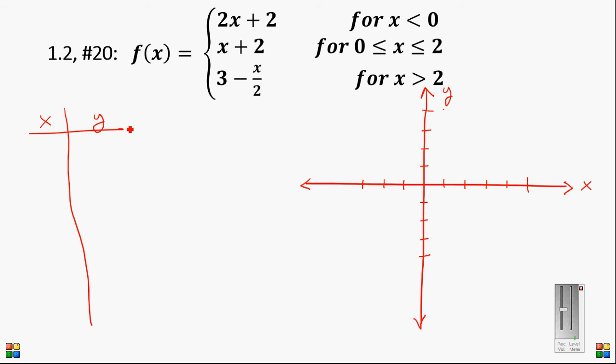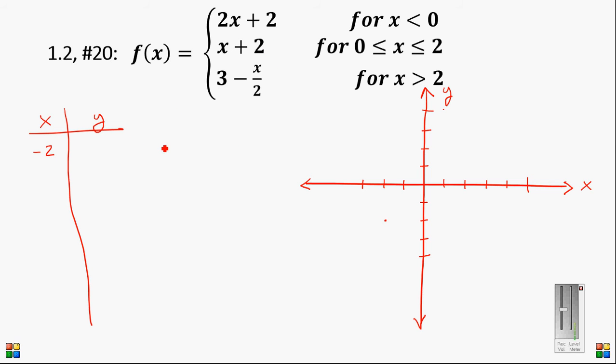and let's start off with some numbers less than 0. So let's go to negative 2. Negative 2 times 2 is negative 4, plus 2 is negative 2. So negative 2, I'm going to be right there. And then we're still less than 0.